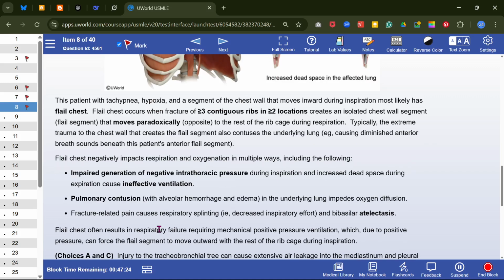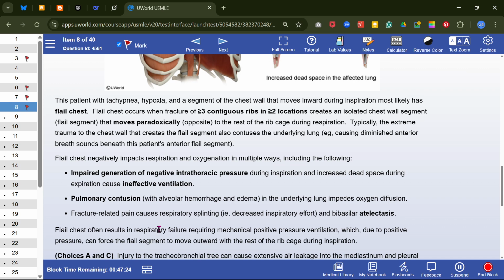Flail chest negatively impacts respiration and oxygenation in multiple ways, including the following: impaired generation of the negative intrathoracic pressure during inspiration and increased dead space during expiration cause ineffective ventilation.